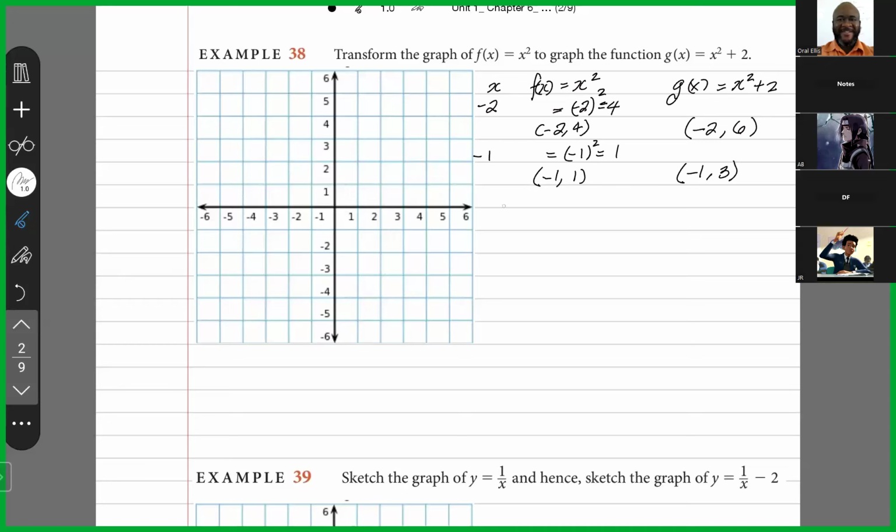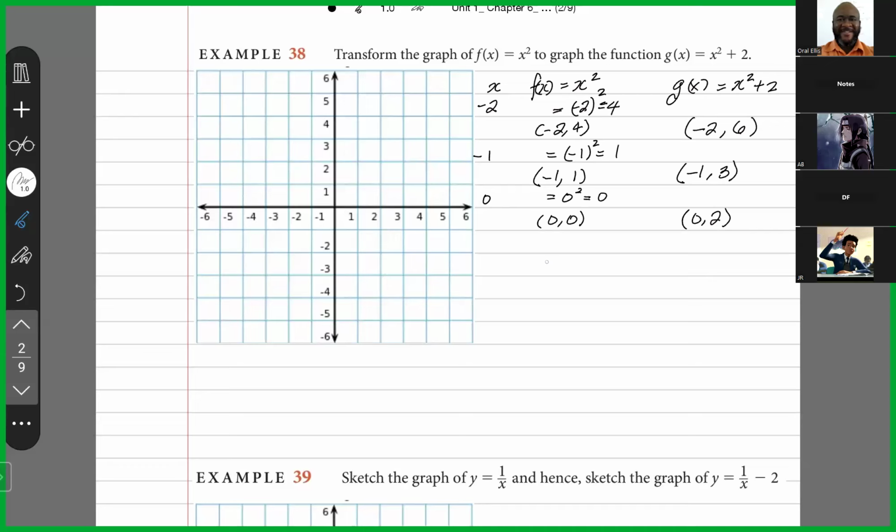When x is 0, we get f of x would be equal to 0 squared, which is still 0. So this would be the point 0, 0 on f of x is equal to x squared, and on g of x it would become the point 0, 2.